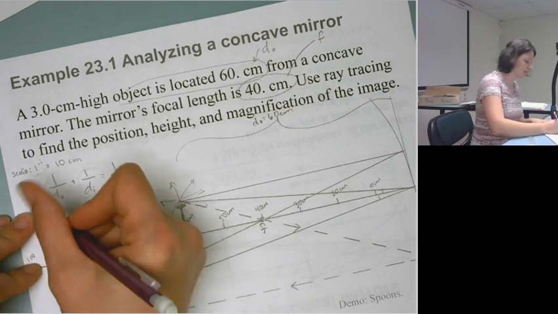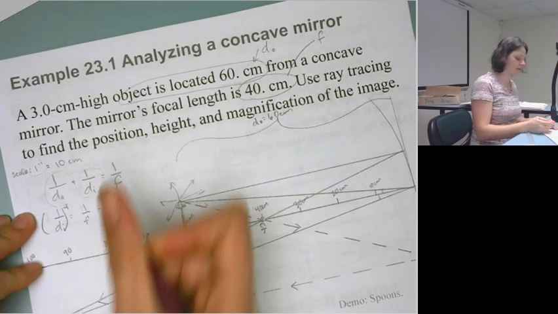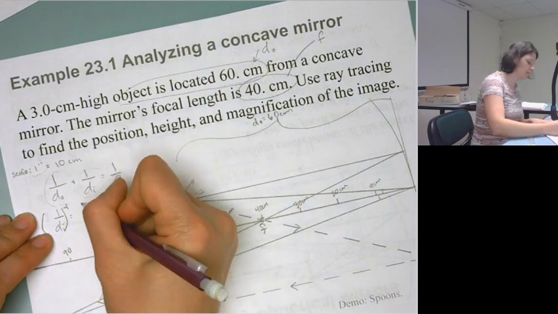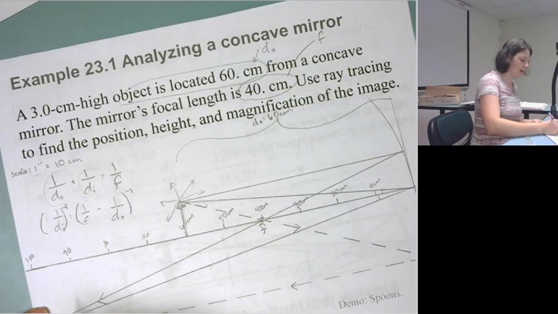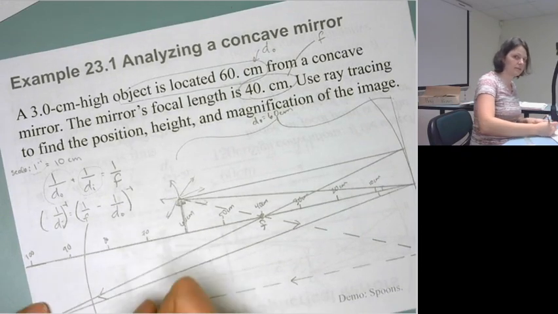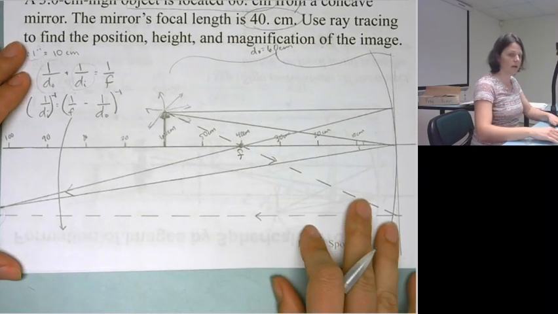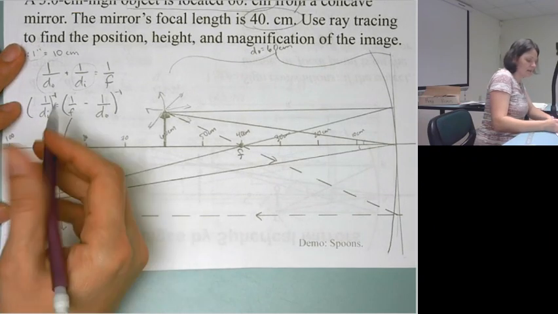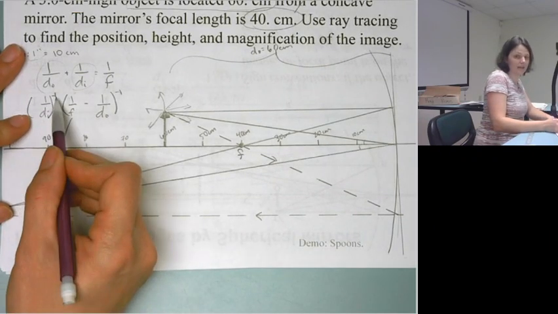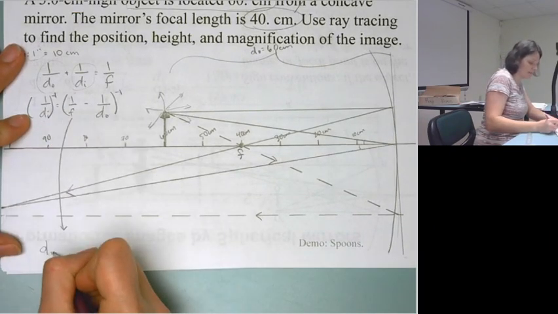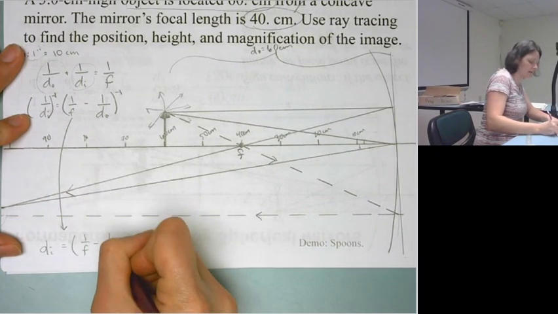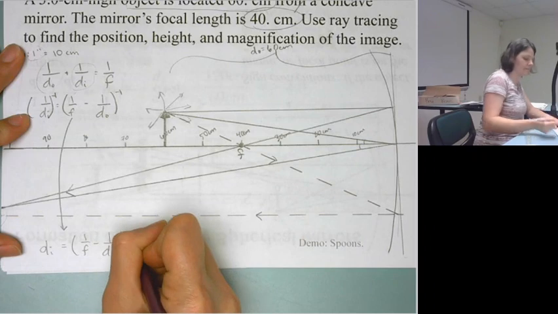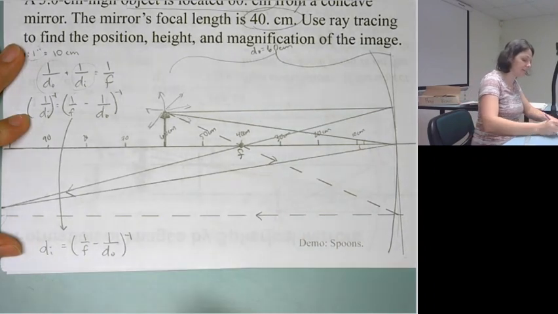So I'll take the -1 of the left-hand side and the -1 of the right-hand side. So dI is 1 over F minus 1 over dO, all to the -1. Now we're ready to plug in numbers.